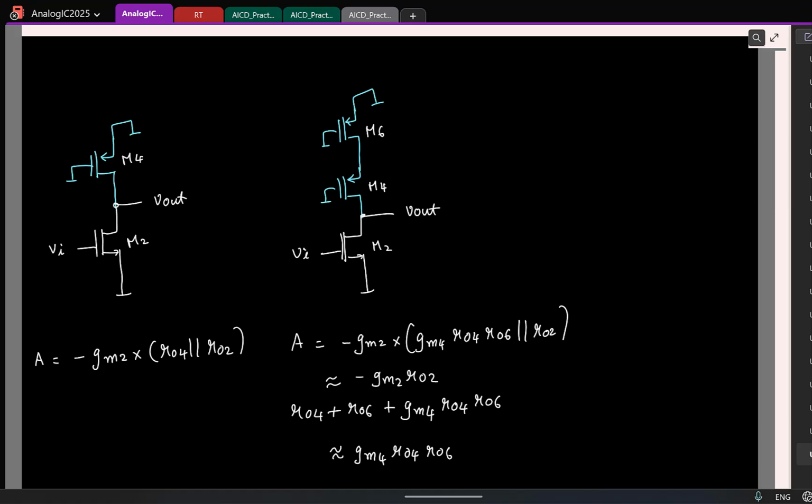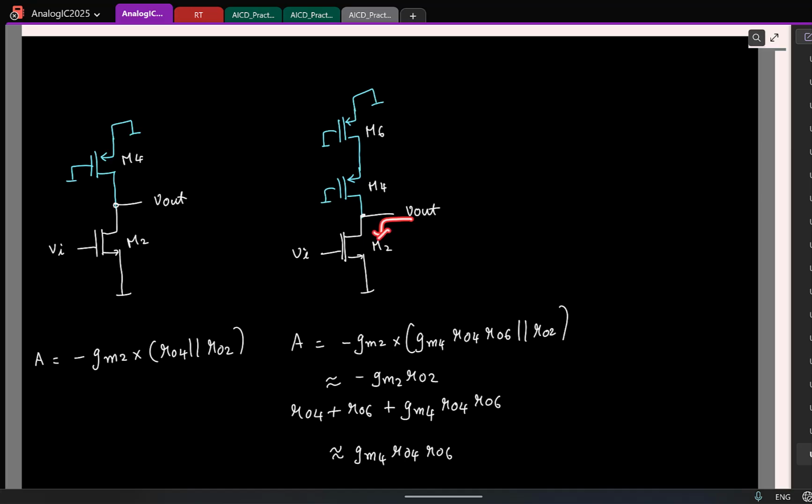Although we increased the output resistance on the upper side, we didn't do anything on the downside, so we didn't get overall improvement. So what do you suggest we do? What can we do? Here I increased the output resistance by putting a cascode, but looking down it still has R0 of the NMOS transistor.